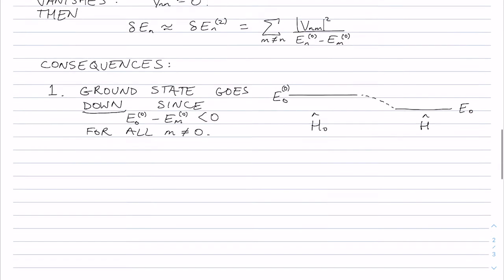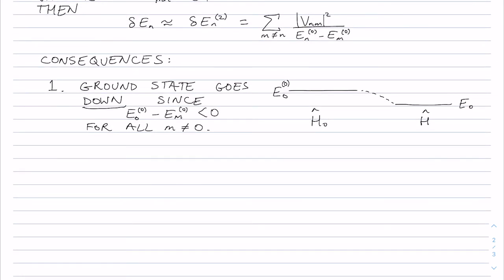The second consequence is that if you have two close levels, then the energy denominator is much bigger between those two levels than it is between those levels and any other levels.